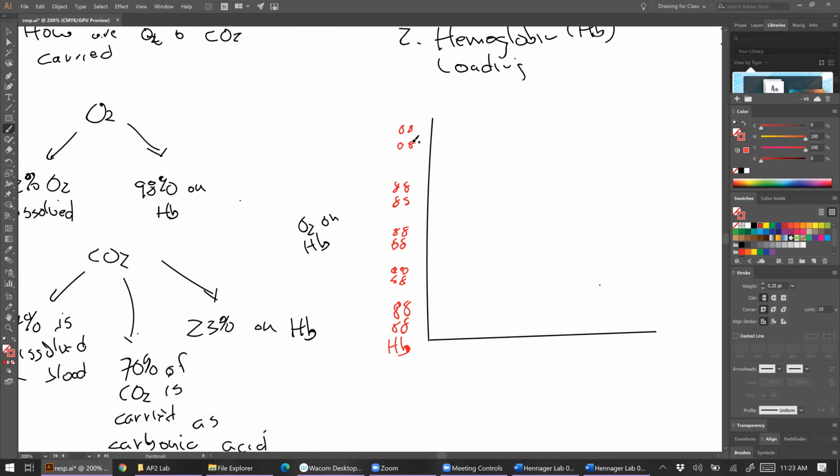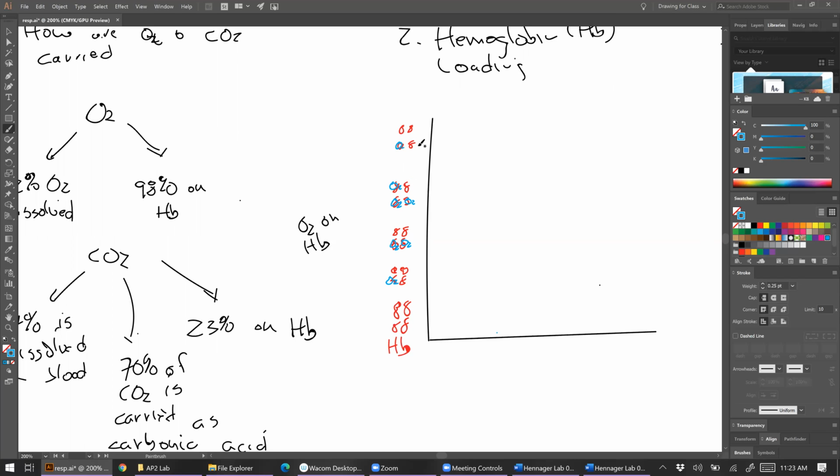And then we're going to come back and say each one of those will carry oxygen. So we're going to make the first one not have any oxygen, and then this one's going to have 1 oxygen. This one's going to have 2 oxygen. This one's going to have 3 oxygen.